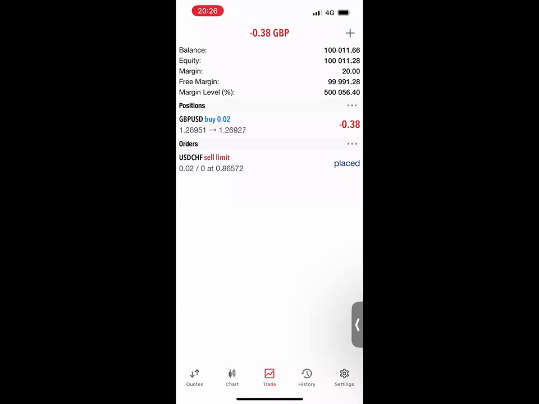Can we see the first number? Okay, good. So the first number says 1.26951. If you notice, the first number is not moving. Guys, can you see that it's not moving? It's the second one that is moving. The first one is not moving. The second one is moving. So the first one that's not moving, that's where we entered at.